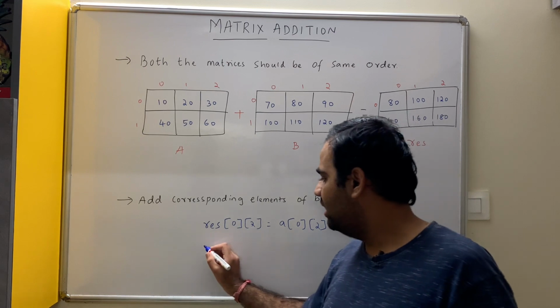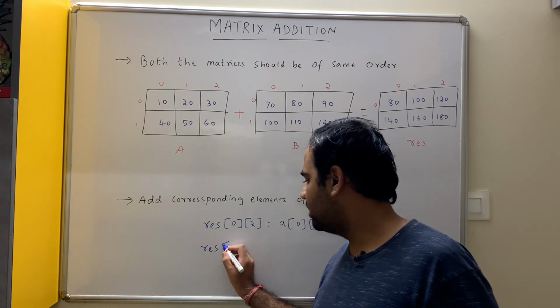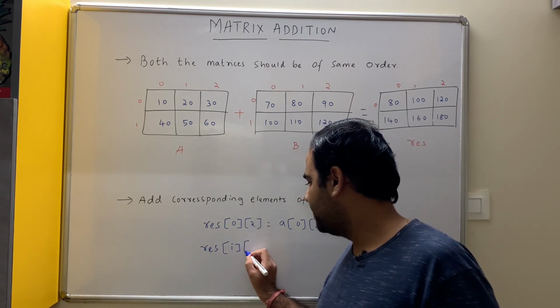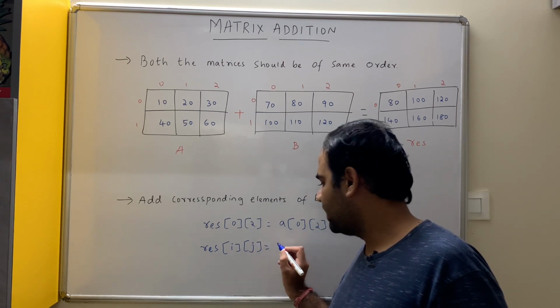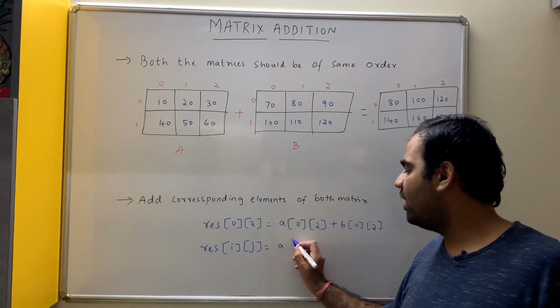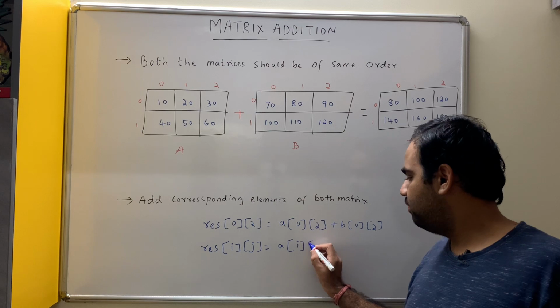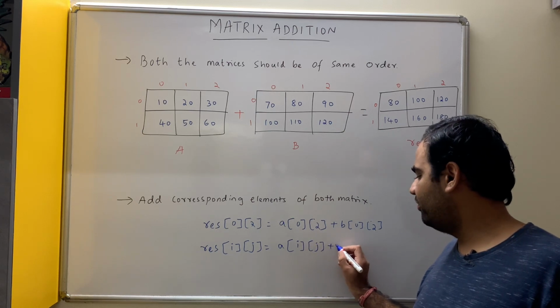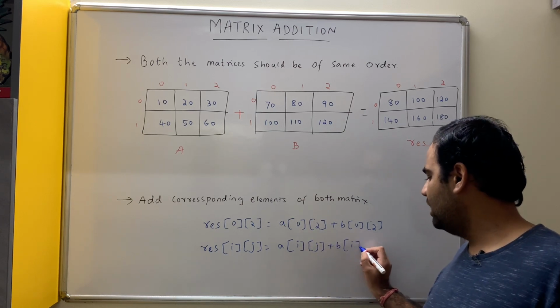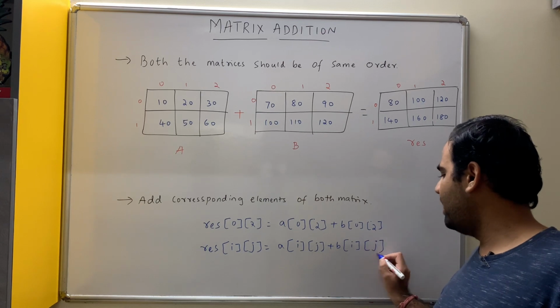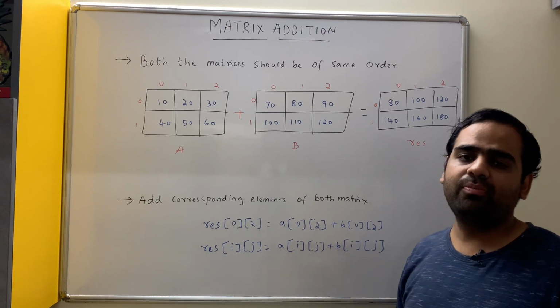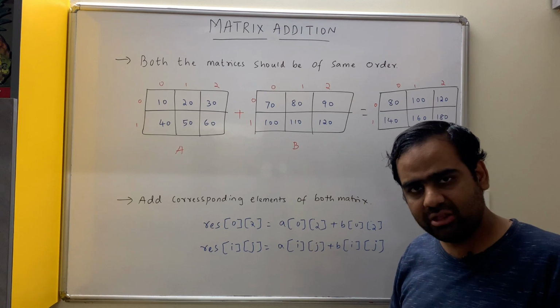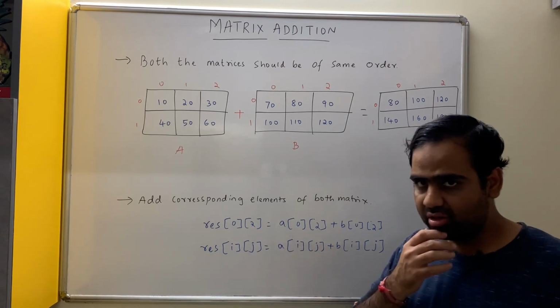Now in general what we are doing, we are saying resultant of i j is equal to A of i j plus B of i j. We are taking each element of matrix A, adding it with the corresponding element of matrix B and storing the answer in the resultant matrix.